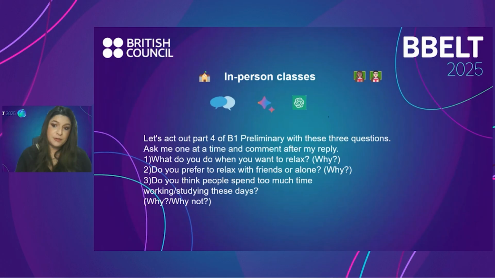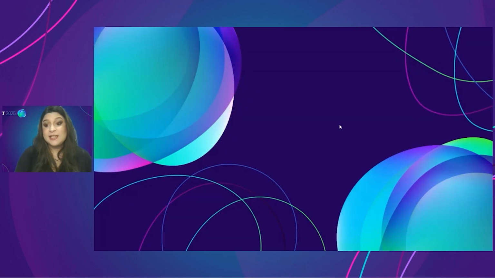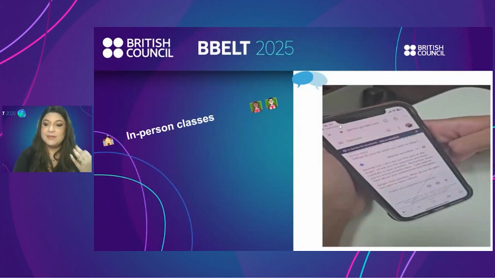Questions are simple, intermediate level questions. And I request a few things from the artificial intelligence. So one of the things is to ask me the questions one at a time, comment after the reply. How does this work? Let's see an example now.